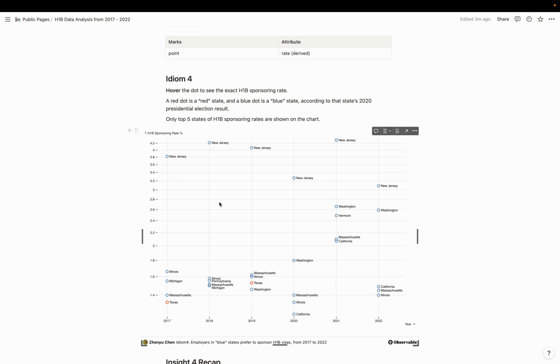And we can also conclude an insight like most of the states which have a higher H1B sponsoring rate are blue states, and the only red state that entered the top 5 in the last six years is Texas, and it only entered in 2017 and 2019.